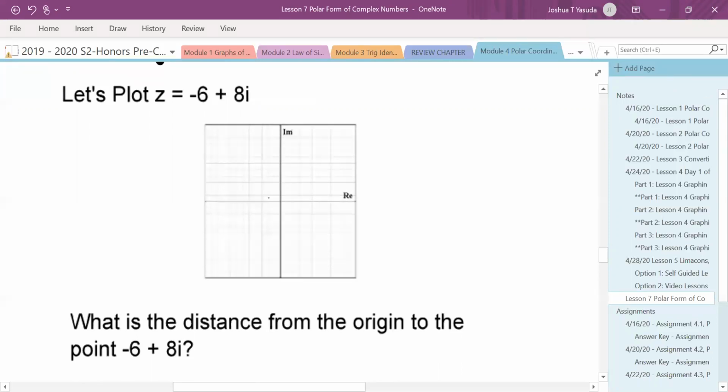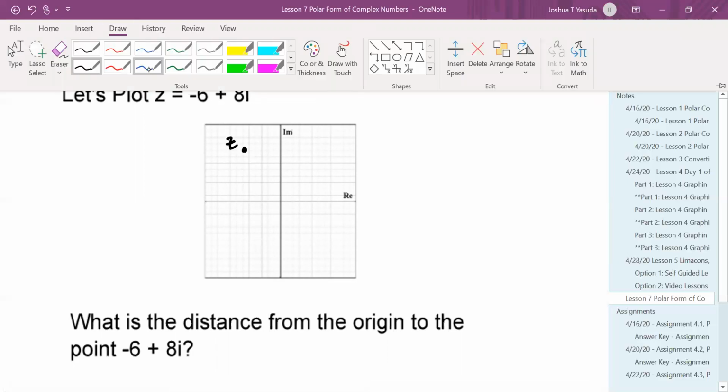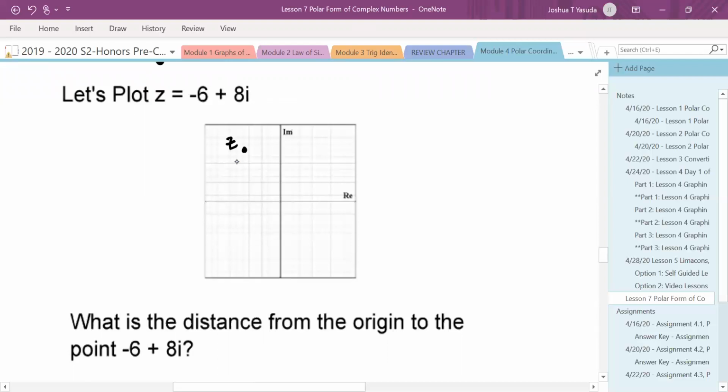All right, -6, 1, 2, 3, 4, 5, 6, and then up 8, 1, 2, 3, 4, 5, 6, 7, 8. So I got quadrant 2. This is z, and we would like to figure out the distance from the origin.